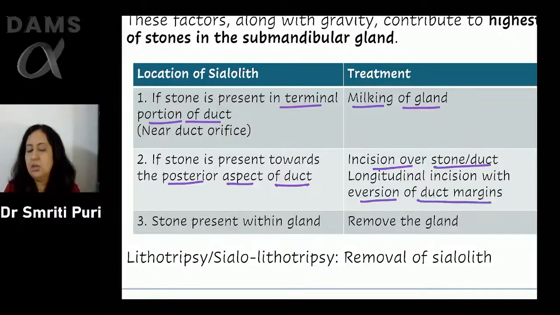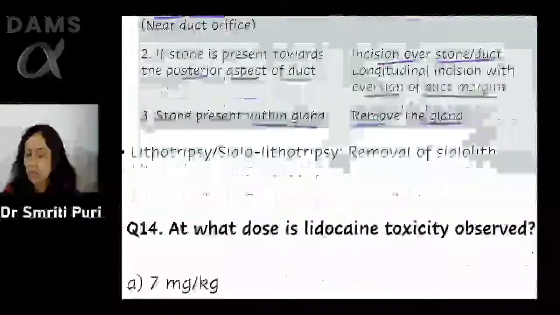You evert the duct margins, like in marsupialization, and suture them to the adjacent mucosa. If the stone is present within the gland, you have to remove the gland. And the process to remove a sialolith is known as lithotripsy or sialolithotripsy.